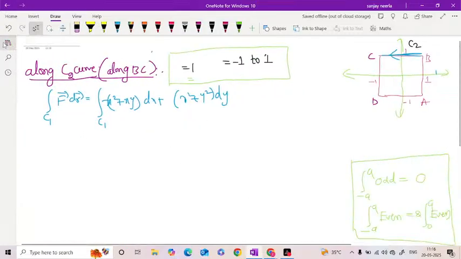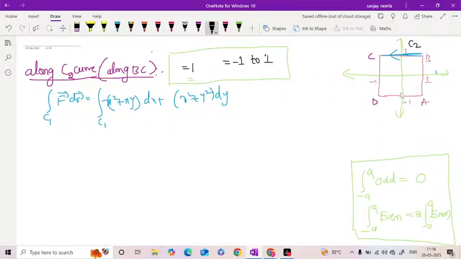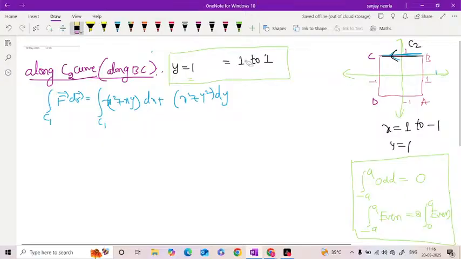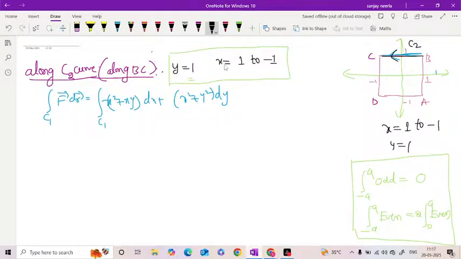Tell me the B to C path. So on the B to C path, the x values run in this direction, from 1 to -1. And what is the y value? The y value here is 1 only. So y is equal to 1, and x is running not from -1 to +1, it is +1 to -1. Now here dy is entirely 0 and dx varies.